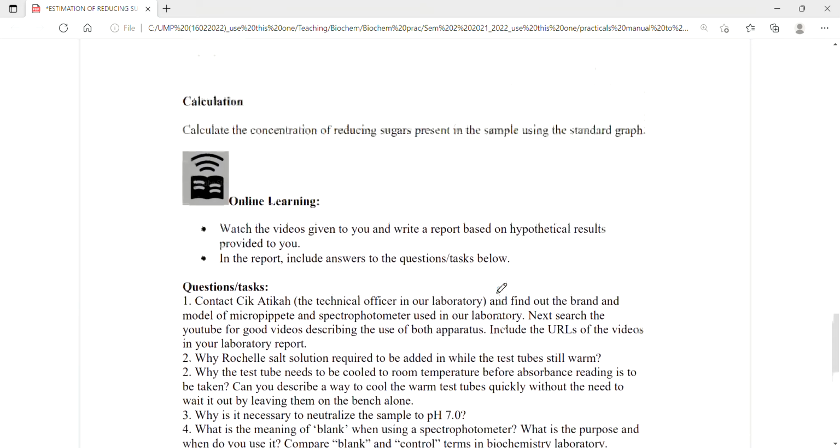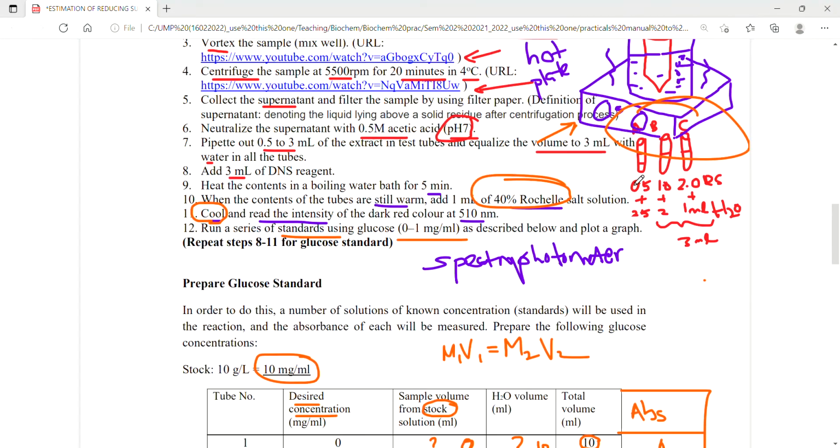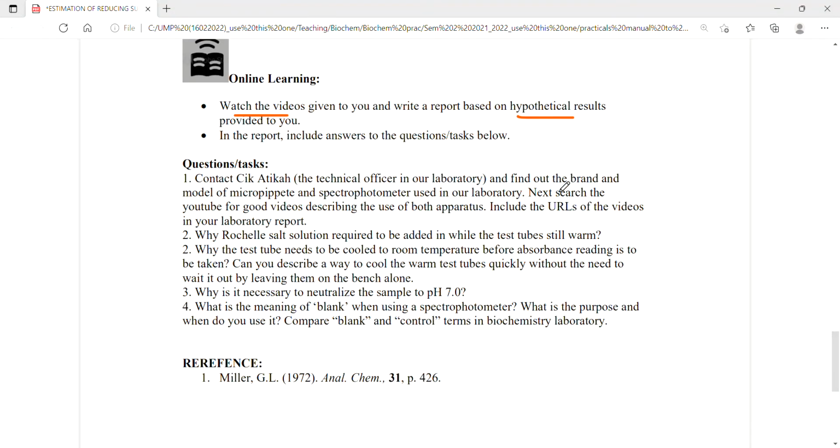Since you are to do this online, please watch all the videos given to you here, and I will give a hypothetical result for the purpose of doing the standard curve, and also A, B, C, or even D on the unknowns, with absorbance values for you to find out the concentration, and hopefully you end up with one answer of average value for the reducing sugar in the banana.